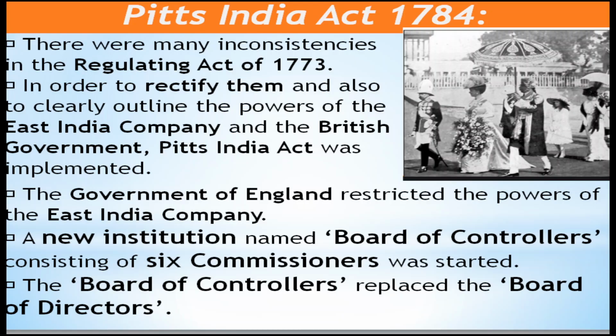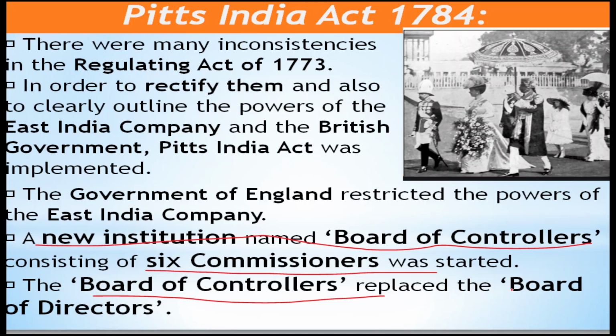A new institution came, named the Board of Controllers. According to Pitt's Act, the new institution is the Board of Controllers, and it had six commissioners. It is the replacement of what?